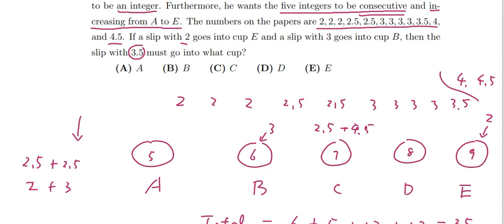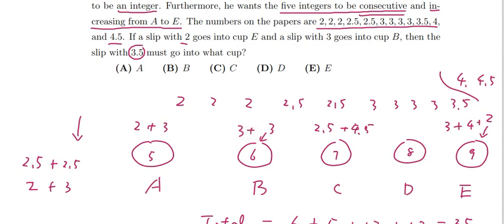If 2.5 and 4.5 make a 7, then the other 7 is 3 plus 4, and 2 plus 3 is 5. And 6 can only be 3 plus 3.